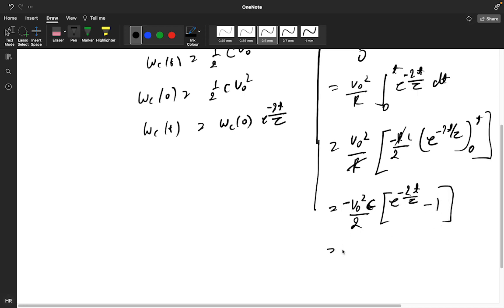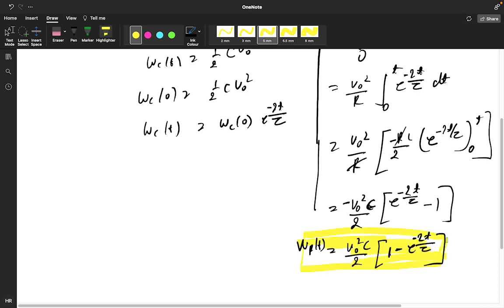Take this minus this side, you will get V naught square C by 2, 1 minus e power minus 2t by tau. So this is your energy in the resistor, and this was the energy in the capacitor.